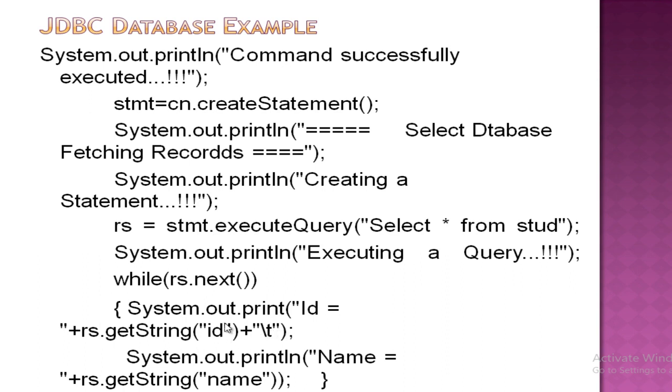So using getString we will get the id. Now suppose we are going to get the name, then we write System.out.println, double quotes, name equal to rs.getString name.